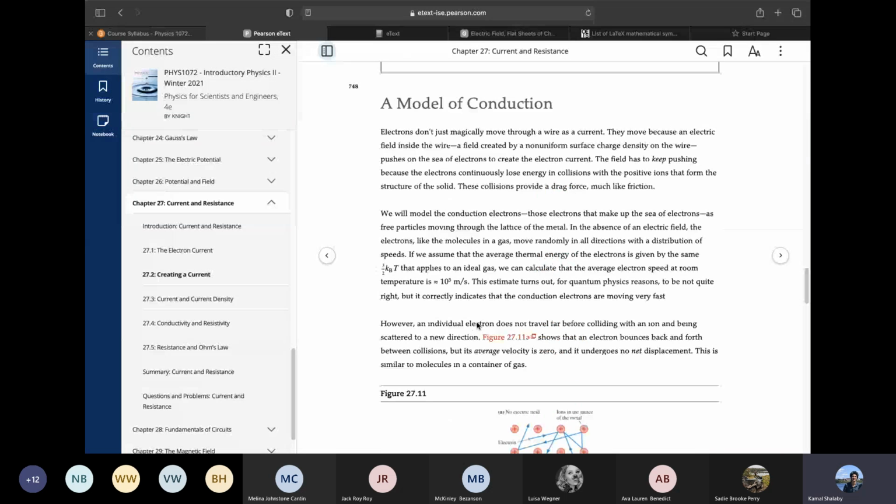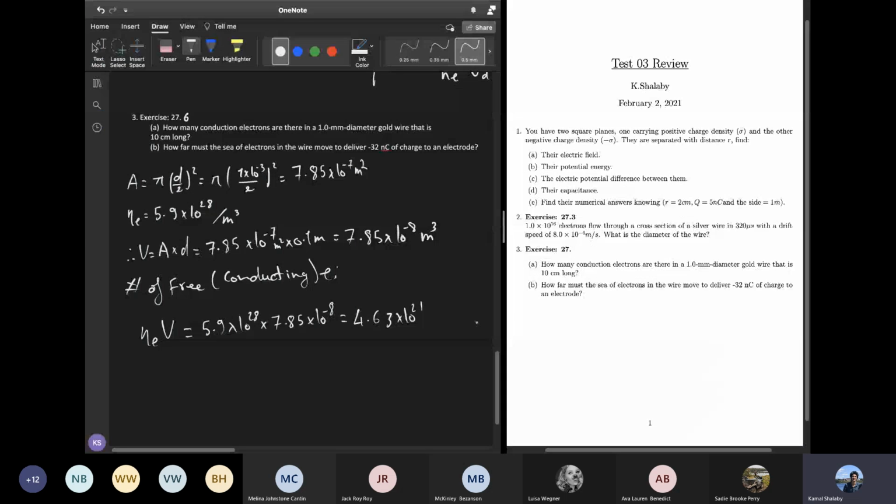Any ideas? Does anyone know? Now we have the number of electrons that are free to move. How far must they move to give us negative 32 nanocoulombs of charge to the electrode?